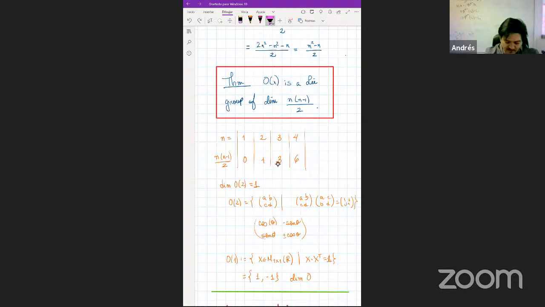And well, for the rest, I'm not going to say anything, just for n equals 1 and 2. Okay, great. So up to this point, any questions?